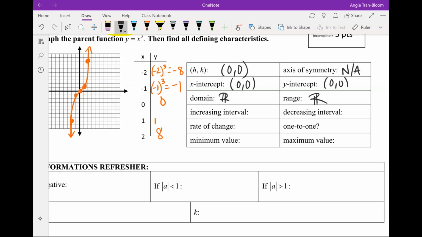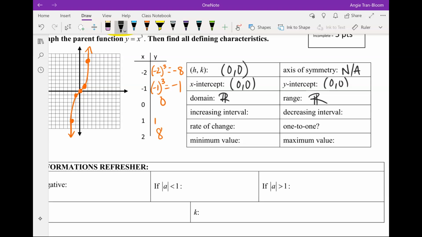Now, for the cubic, increase and decrease. Remember, for increase or decrease you're going to go to the right. If you go to the right and the y value goes up, then what is that? And if you go right and the y value goes down, that is? Well, look at this parent.